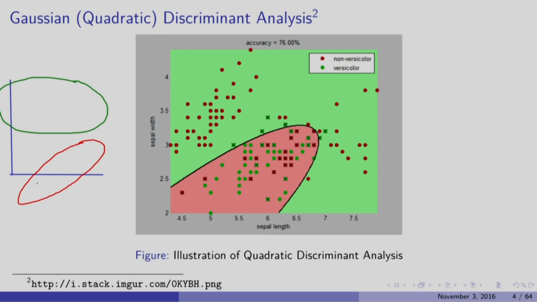Both ellipsoids are kind of 99% percentile regions, and therefore the separating surface would look like this, a quadratic surface. On the other hand, if the ellipsoids had the same covariance but were just shifted by virtue of the mean vector, you would expect the separating surface to be linear.